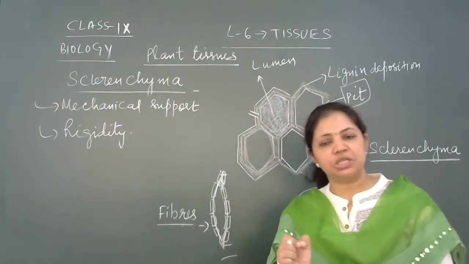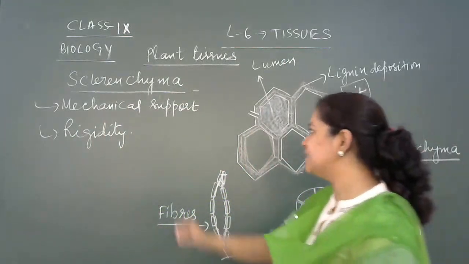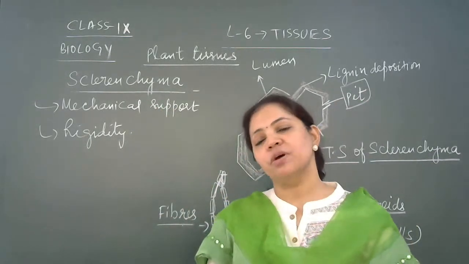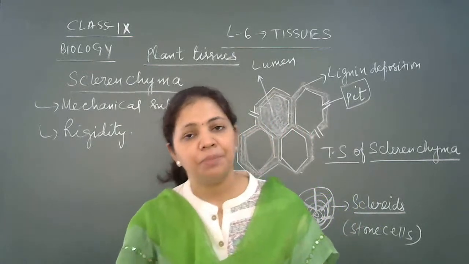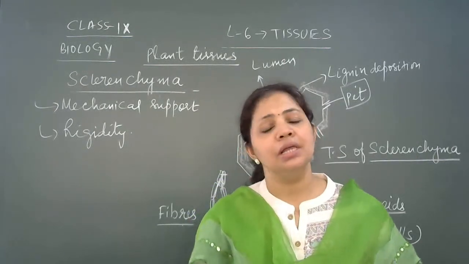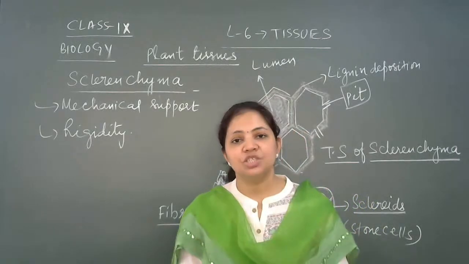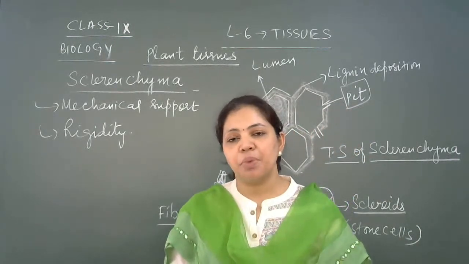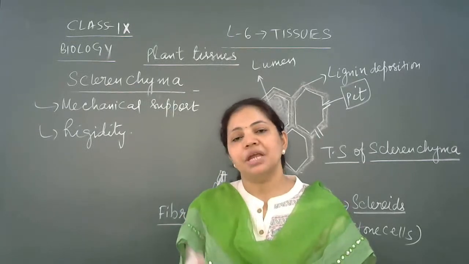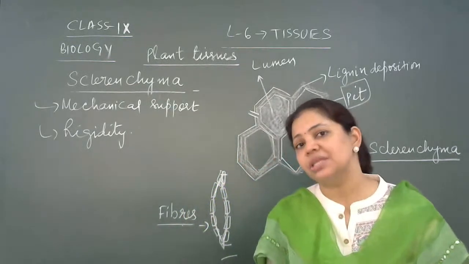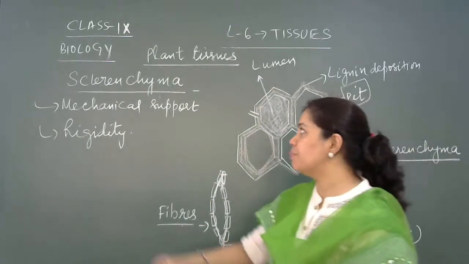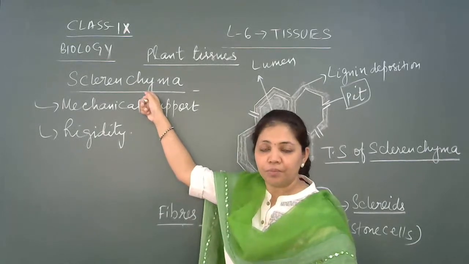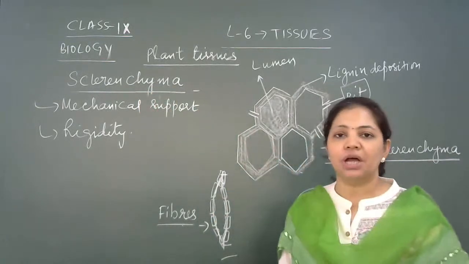The chief function of sclerenchyma is to provide mechanical support and rigidity. As you know, most plants are stationary, they remain fixed in the soil, they cannot move from one place to another. So to remain standing at a particular place, a plant requires a lot of mechanical strength and rigidity, and for that part, the sclerenchyma comes into action, right? So that is the first chief function.